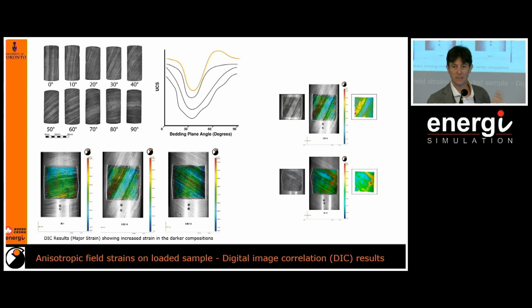What you are seeing here, and it will be important for the story I'm going to tell you later, are our results from digital image correlation measurements. You can see different colors, and those colors correspond to the strain field that is developing during a uniaxial compressive test on rocks tested at different orientations with respect to the bedding planes.